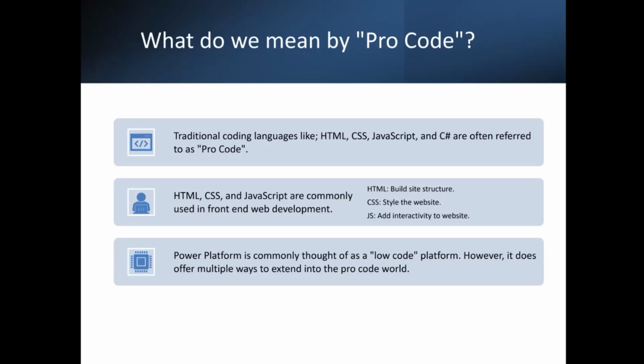HTML is typically used to build your site structure, CSS is used to style the website, and JavaScript is used to add interactivity. Power Platform is commonly thought of as a low-code or no-code platform. However, it does offer a variety of ways to extend into the Pro Code world.